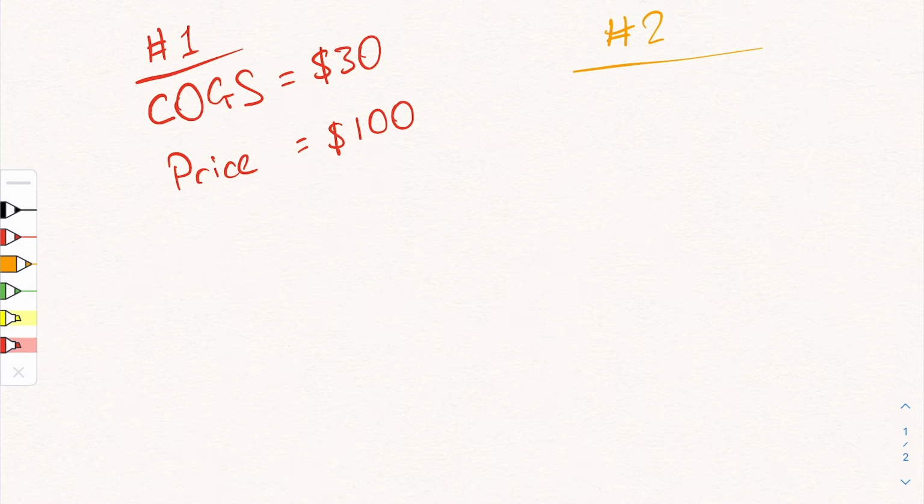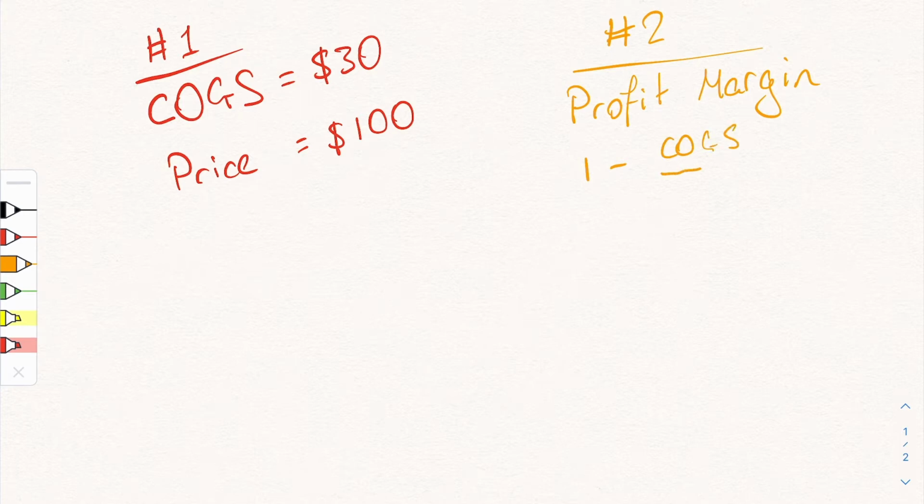And what we need to do here now is to calculate your profit margin. So your profit margin is going to be 1 minus your COGS over the price. So 1 minus (COGS divided by price). So put those in brackets because you have to do that calculation first.